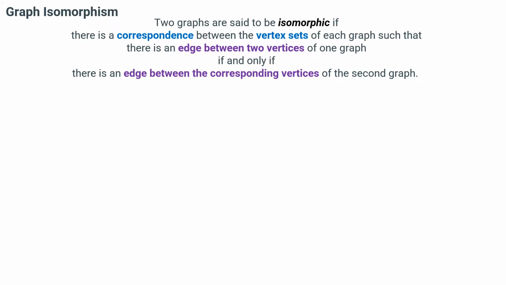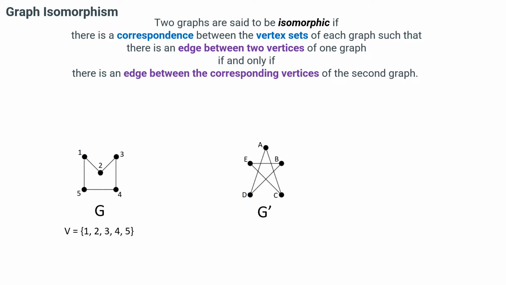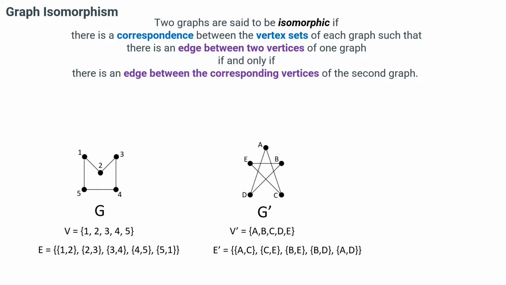So let's look at an example here. We have two graphs, G and G prime. G has the vertices 1, 2, 3, 4, 5. G prime has A, B, C, D, E. What are the edges? We can find those by looking to see where the lines are, and the edges are listed there for G and here for G prime.